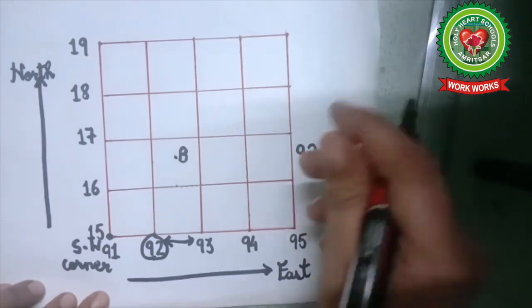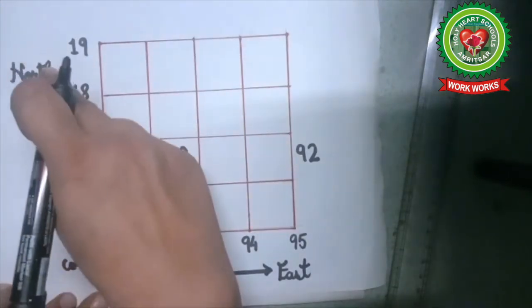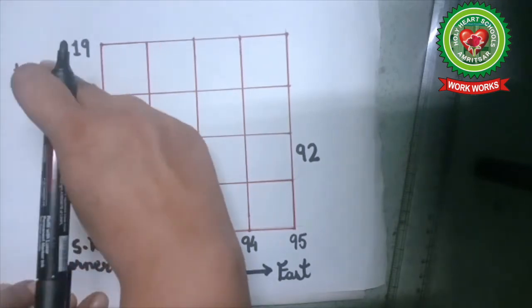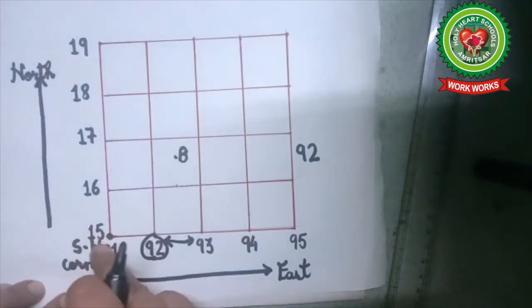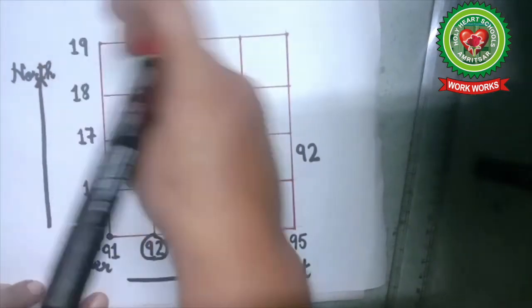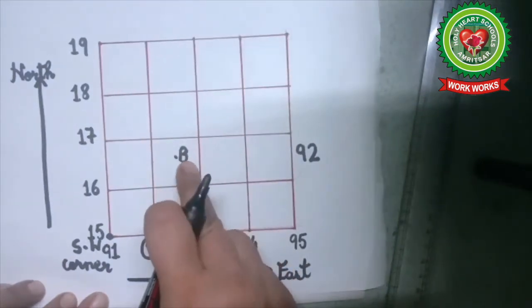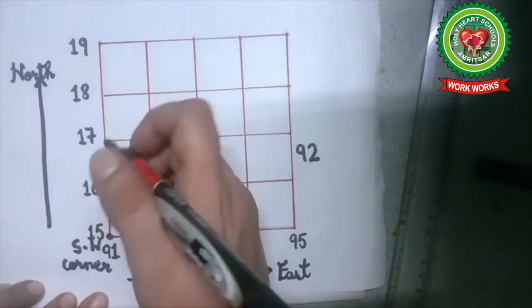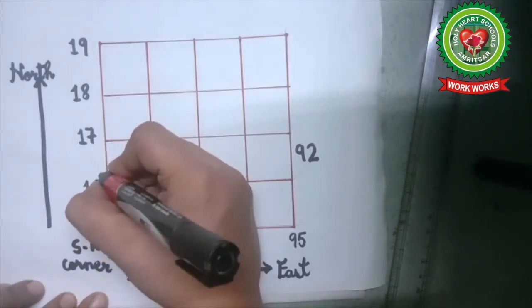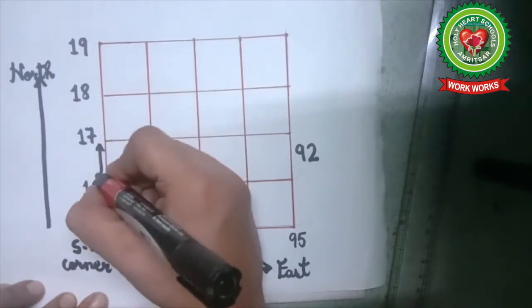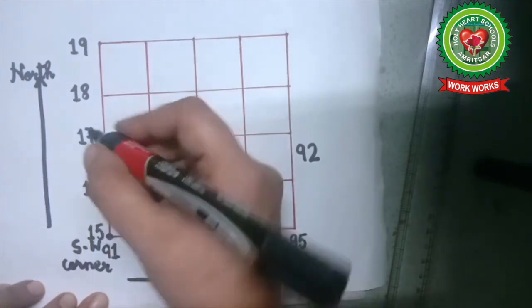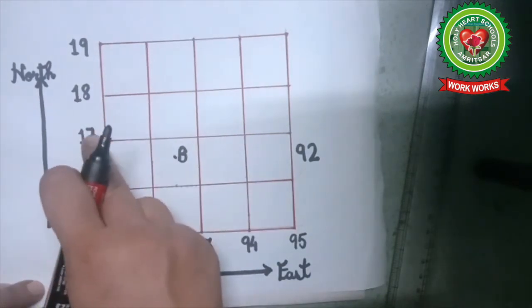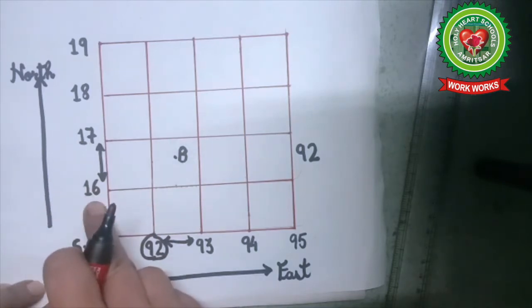Now let us read its northing towards the north of the southwest corner of the given map. So between which northings does place B lie on the given topographical map? It lies between the northings 16 and 17. Now among 16 and 17, which is the lower value?